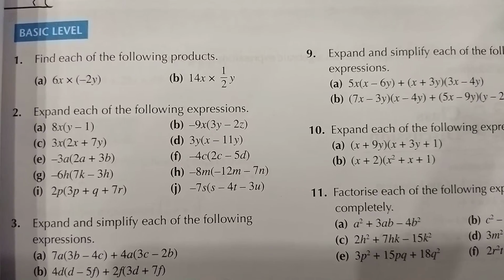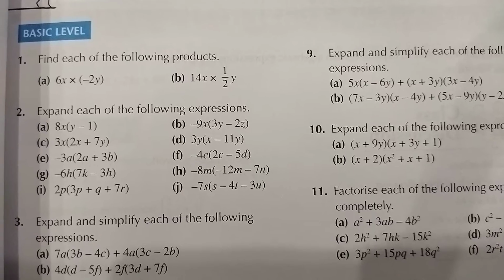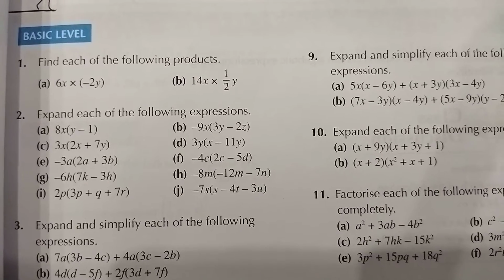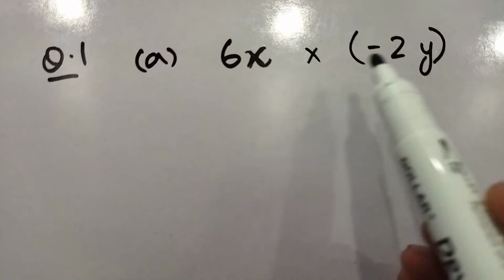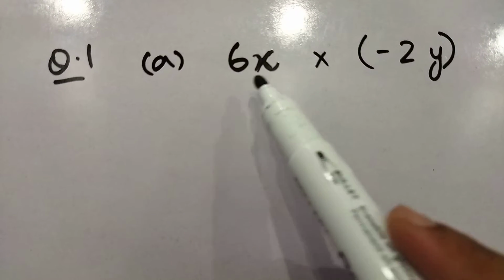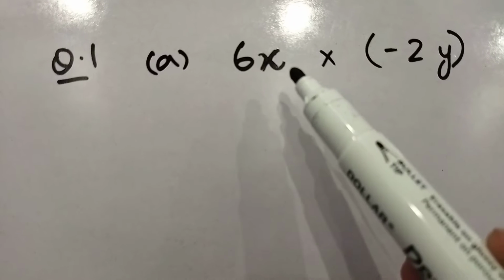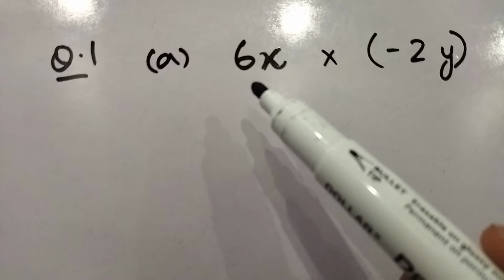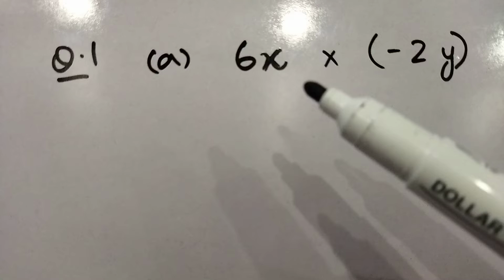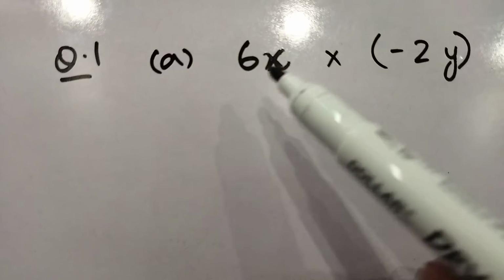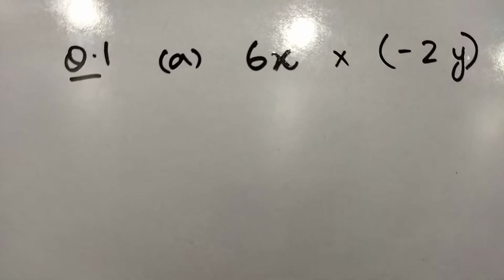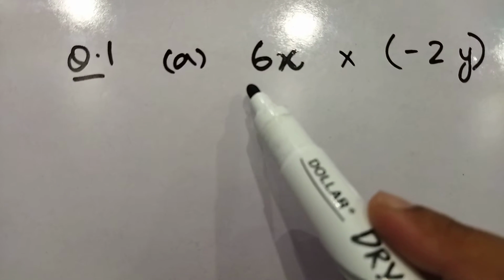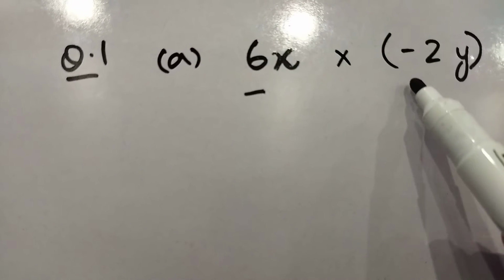Let's start with question number 1, which says part A, 6x into minus 2y. It's quite simple, students. Here we have two algebraic terms, 6x and minus 2y. So basically we are going to take out the product of such algebraic terms by multiplying the coefficients with each other and variables with each other separately. How? Here we have a coefficient as 6 and the other coefficient is minus 2.